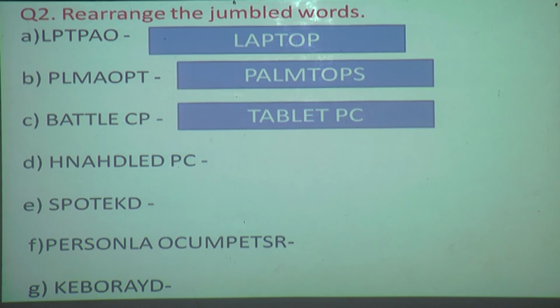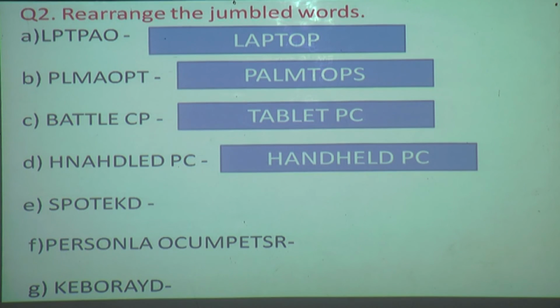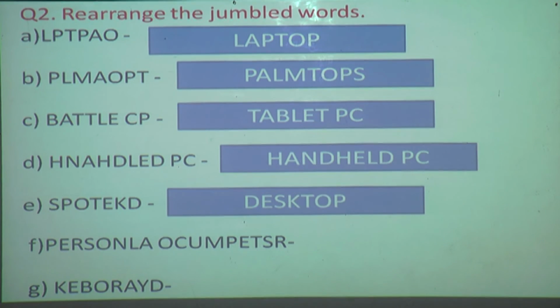Next one is HNAHDLED and PC, which means handheld PC. H-A-N-D-H-E-L-D PC. Next one is SPOTEKD. The word will become desktop. D-E-S-K-T-O-P.